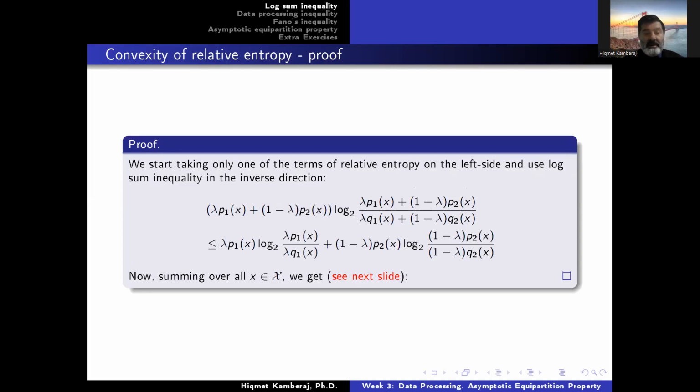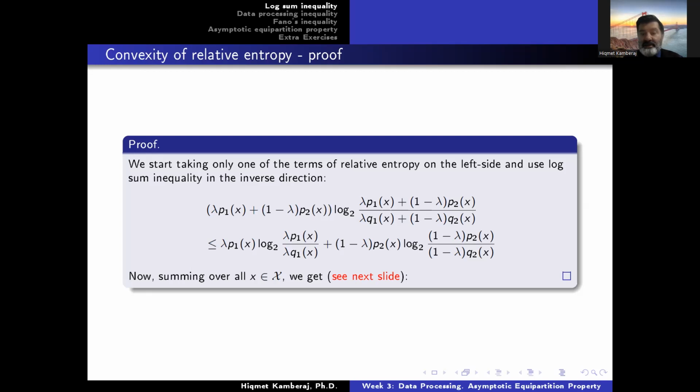Now, to prove this theorem, we start by taking only one of the terms of the relative entropy on the left-hand side, and we use the log sum inequality, but in the inverse direction. So I'll have this one: lambda p1 of x plus 1 minus lambda p2 of x, times log with base 2 of this ratio, lambda p1 of x plus 1 minus lambda p2 of x over lambda q1 of x plus 1 minus lambda q2 of x.